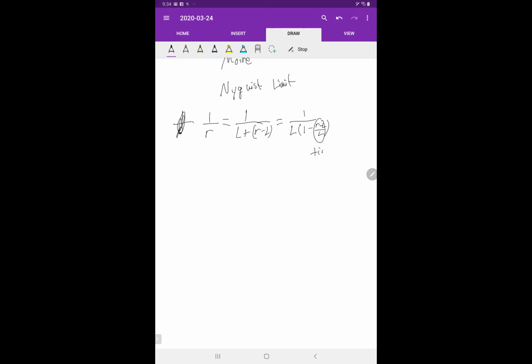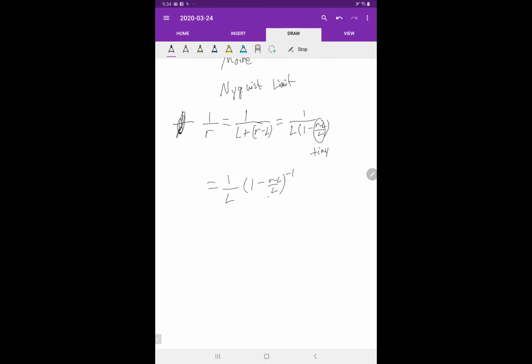This is tiny, right? And so we can rewrite that as 1 over L times 1 minus R minus L over L to the negative 1 power, right? So now we've got 1 minus a tiny thing to the negative 1 power.